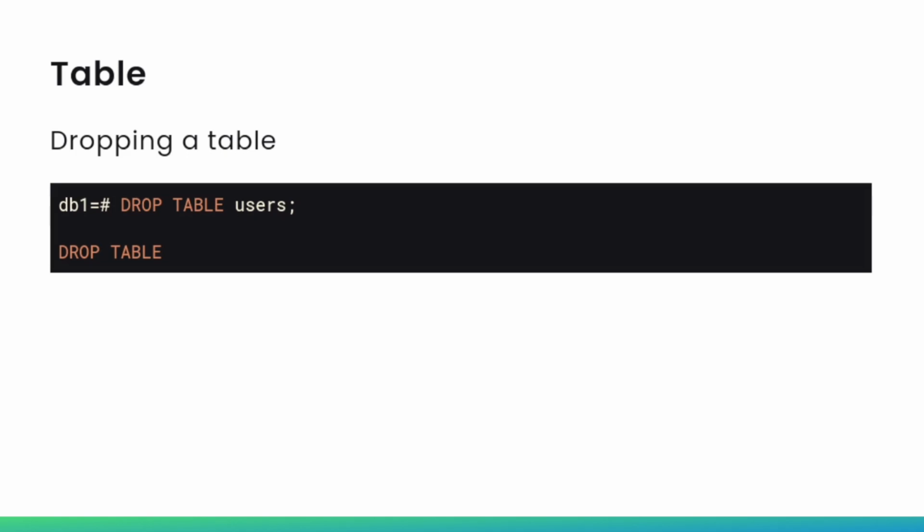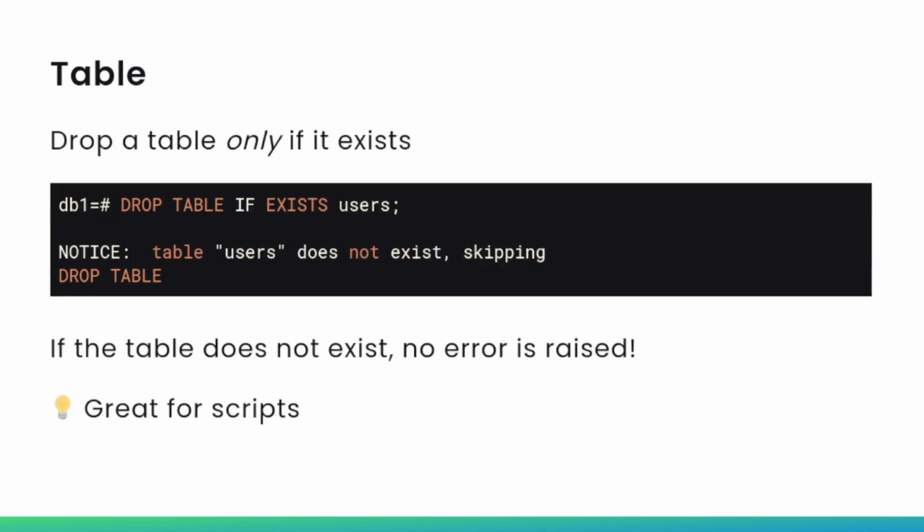So just like we can create a table, we can also drop a table using the DROP TABLE command followed by the name of the table. In this case, DROP TABLE users. So once again, very useful in scripts. Sometimes we want to drop a table only if it exists. This is useful because sometimes you write scripts to create tables.